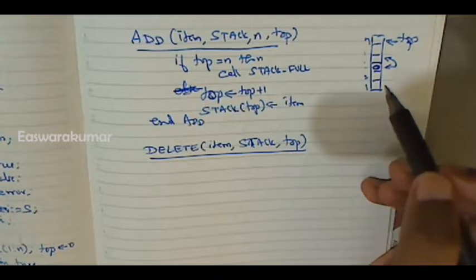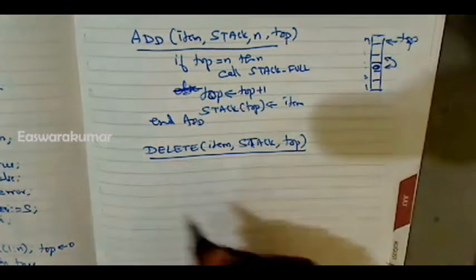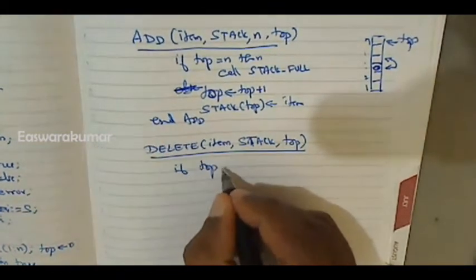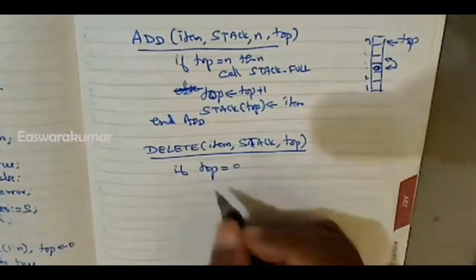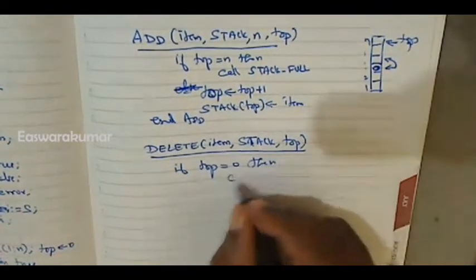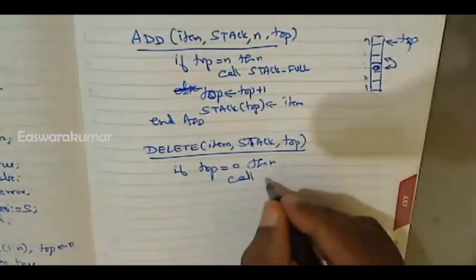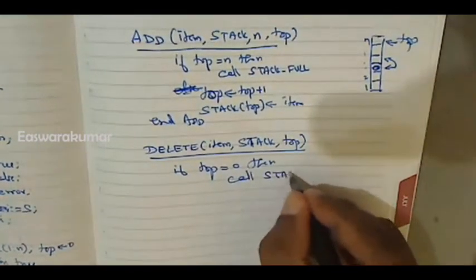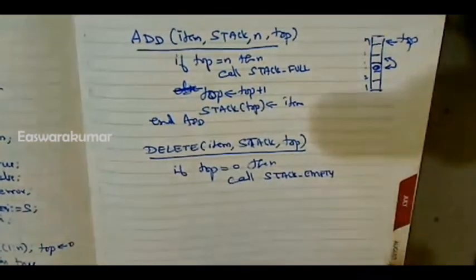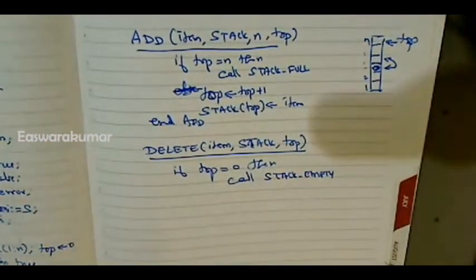If it is empty, we cannot delete. Therefore, the condition is if top is equal to 0, there is a comparison statement. Then we call the procedure called stack empty. It will say that the stack is empty and return from the procedure.